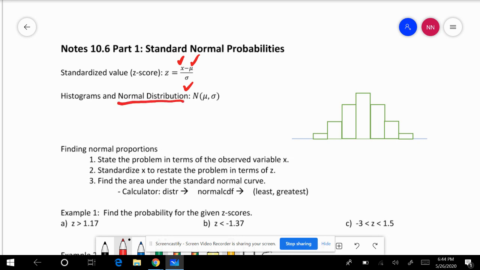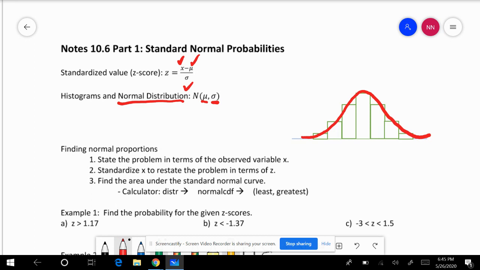A normal distribution, mu is the center, and the spread is the standard deviation. So if we have this histogram, a normal distribution is going to describe this histogram in terms of a curve. So that's what our normal distribution looks like.